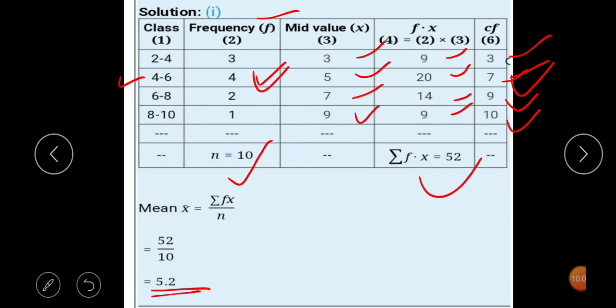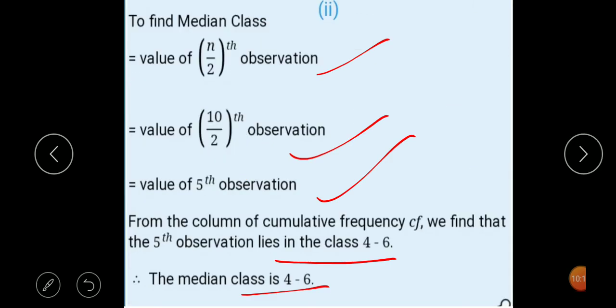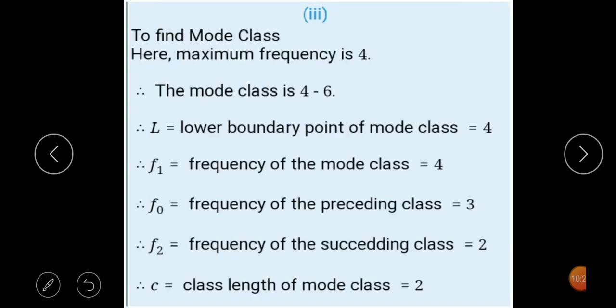See, modal class means that lower limit will be 4, and f1, f0 and f2, what are these values? L is the lower limit of the class interval, f1 is the frequency of the modal class, that is 4, f0 is the preceding class, f2 is the succeeding class.